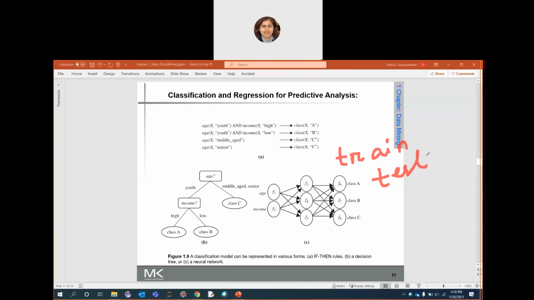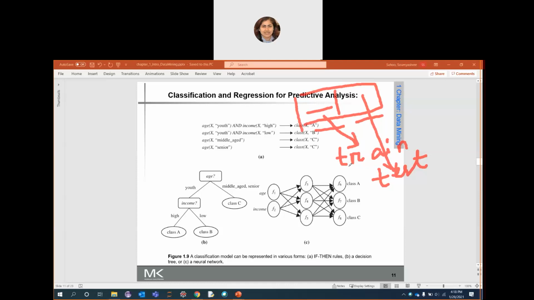We are not going into the implementation part, just for your understanding. If you have a data set of this size, you divide it into, let's say, 50% and 50%. 50% goes to train and the remaining 50% goes to the test section. First you apply a certain model, let's say you want to learn a meaningful pattern from your data.